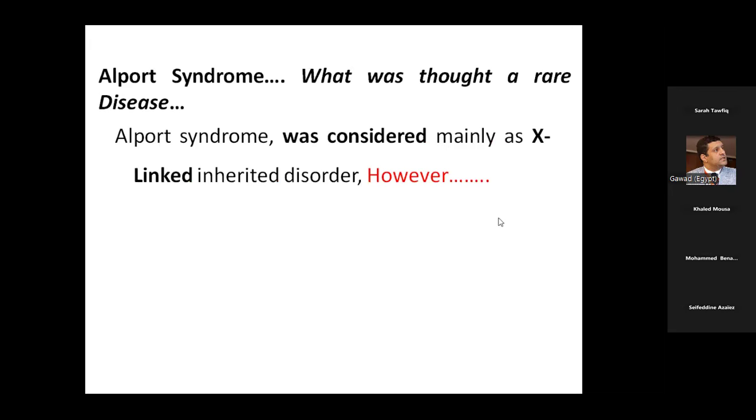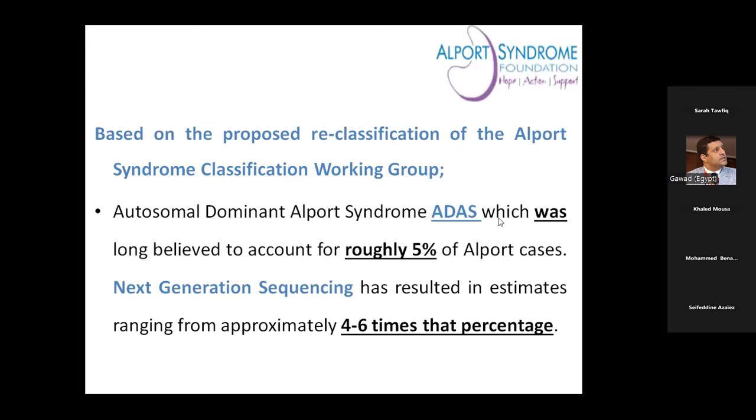Alport syndrome, what was thought a rare disease, was also considered mainly an X-linked inherited disorder. However, based on the proposed reclassification by the Alport syndrome classification working group, autosomal dominant Alport syndrome, which was long believed to account for roughly 5% of Alport cases, with the use of next generation sequencing techniques resulted in estimates ranging approximately from 4 to 6 times that percentage.